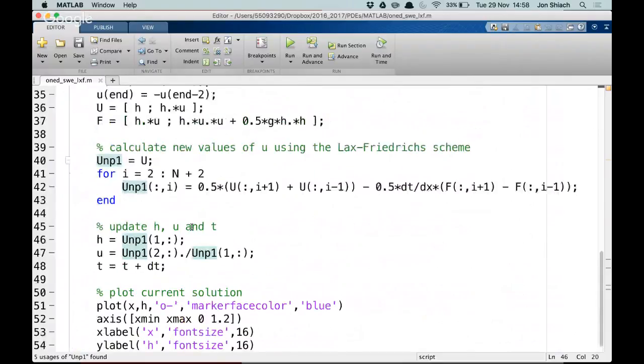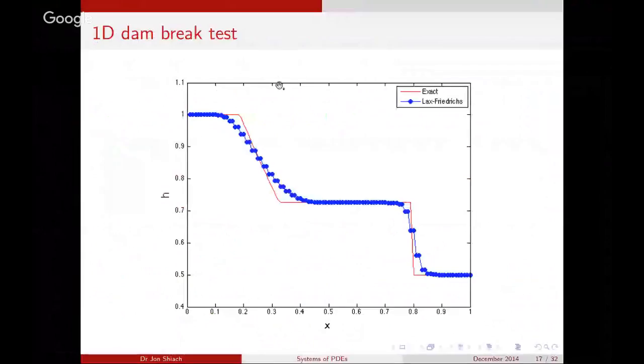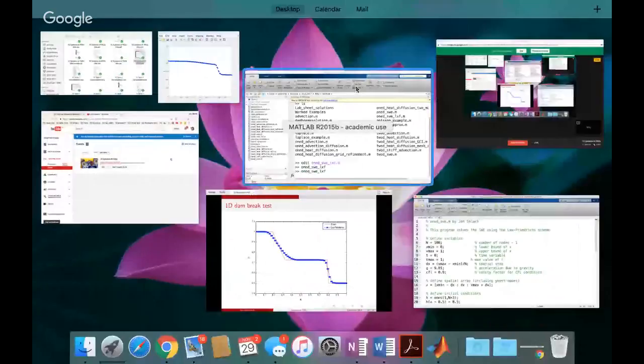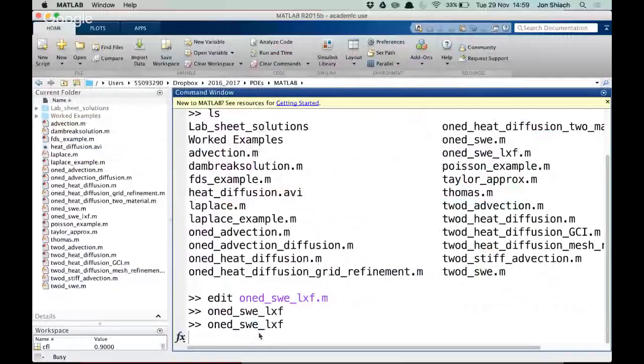Okay. What I'm going to do now is just set Tmax to be a bit higher, and then let it run, and hopefully you'll see the water bashing off of the sides. Why isn't that working? Something's gone wrong. Like I say, I've had a bit of a hissy fit with this.